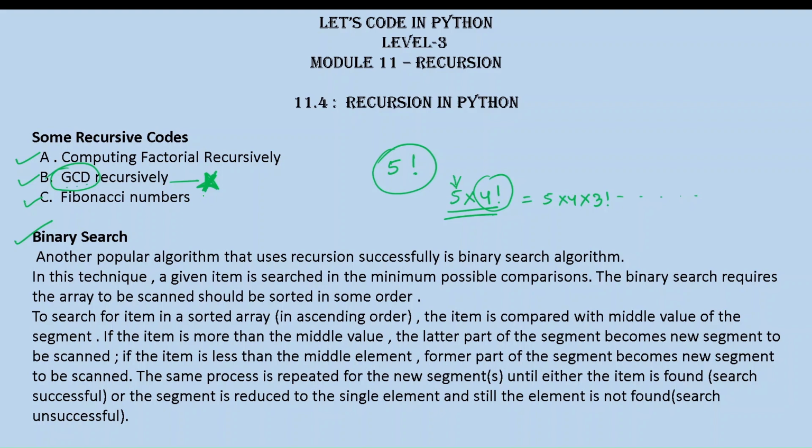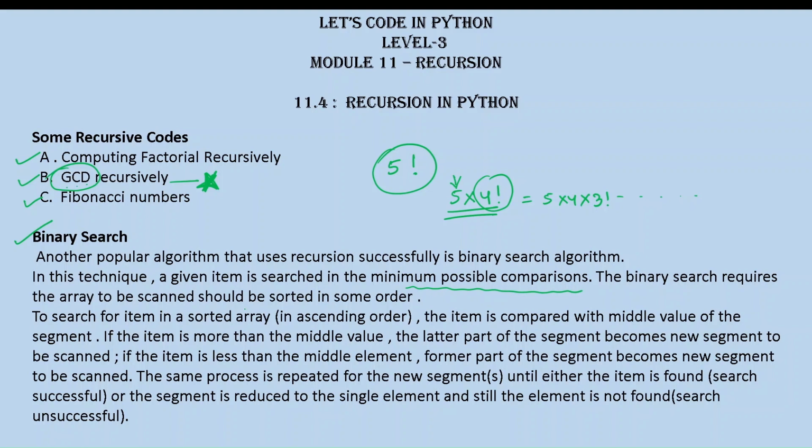All right. Binary search, I think we've already discussed this before, what exactly binary search is all about. Let's go through it quickly. In this technique, a given item is searched in the minimum possible comparisons. This is supposed to be the minimum possible comparison technique of searching. Binary search requires the array to be scanned to be sorted in some order.